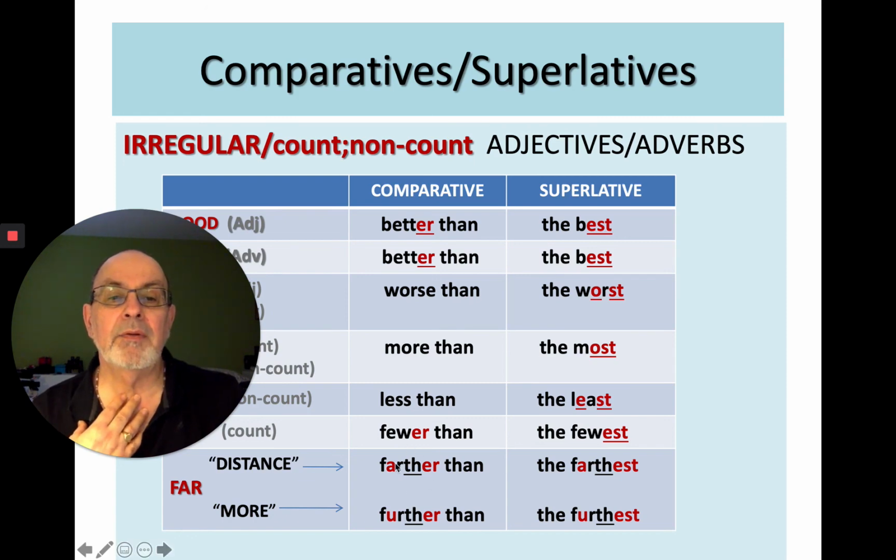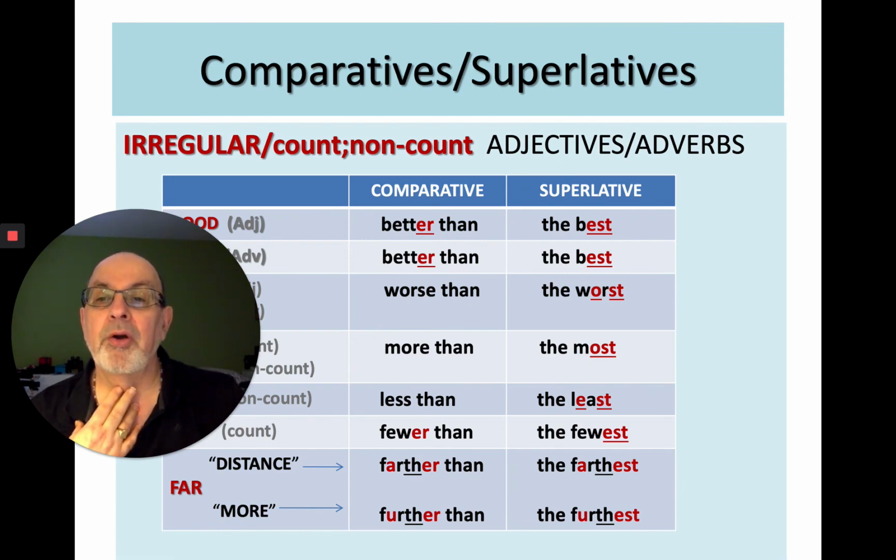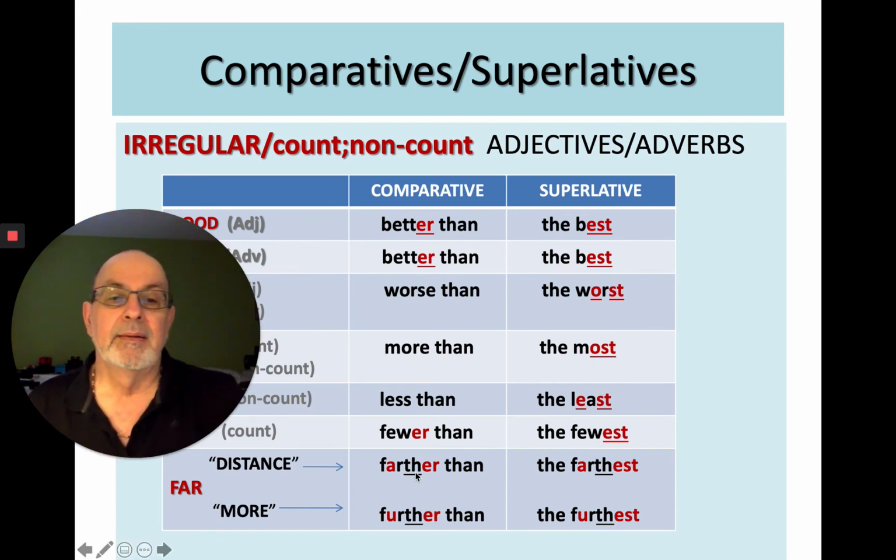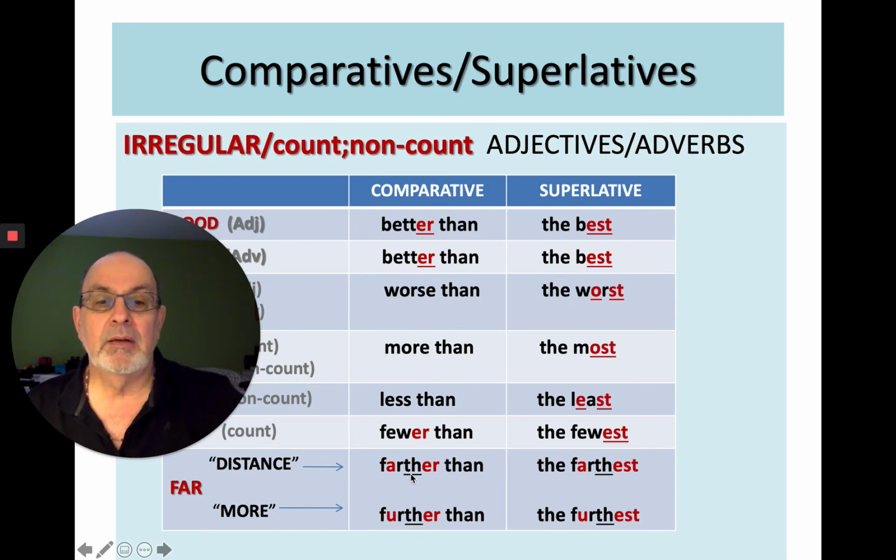Be careful not to say farter than, farter, you're not putting your tongue out. Farther. If you say farter, malheureusement, it means péteur. Huh? It means somebody who passes gas. So be careful on your pronunciation. So we have two forms of far in English. One for things that I measure, like kilometers, centimeters, meters.